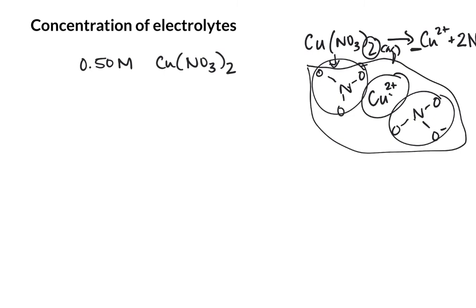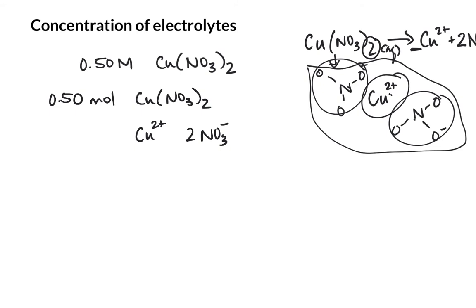Okay, so we have a 0.5 molar solution of copper nitrate, which means that we have 0.50 moles of Cu(NO3)2. Now, when it breaks apart in solution, we are going to actually have 1 copper 2 ion and 2 NO3 ions, okay?